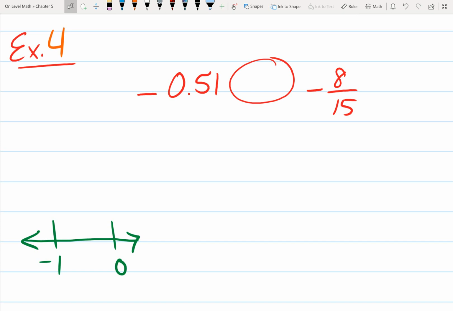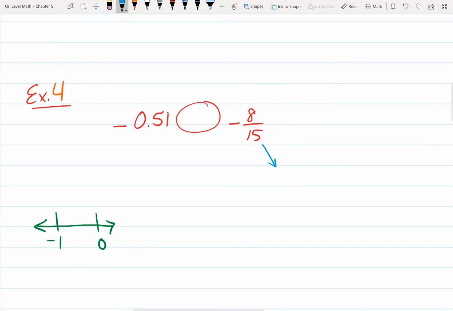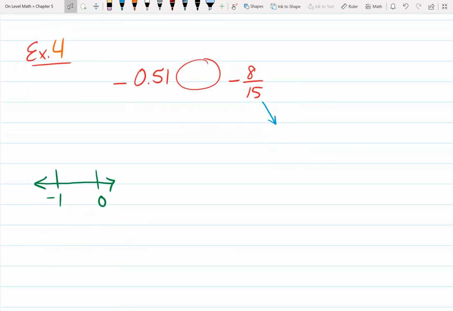So we're just going to divide, right? 8 divided by 15. Numerator always goes inside the doghouse. So let's convert 8/15 to a decimal, which means 8 goes inside the doghouse, 15 goes outside of the doghouse.